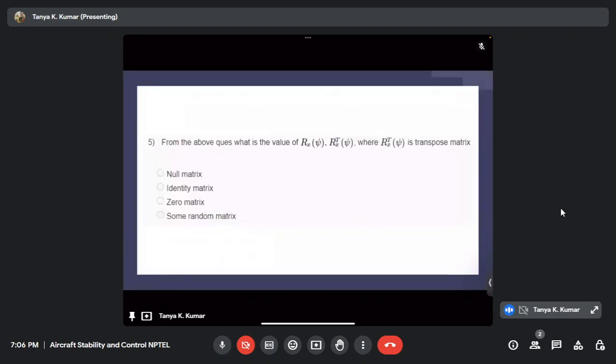From the above question, what is the value of Rxi into Rxi transpose? Rx is the rotation matrix, so Rx into Rx transpose will be... How do you define a rotation matrix? It's one of the properties of rotation matrices.